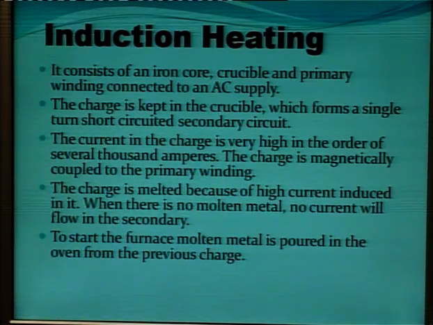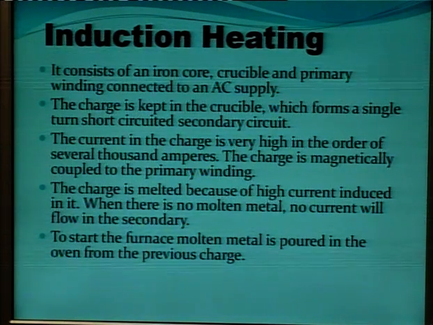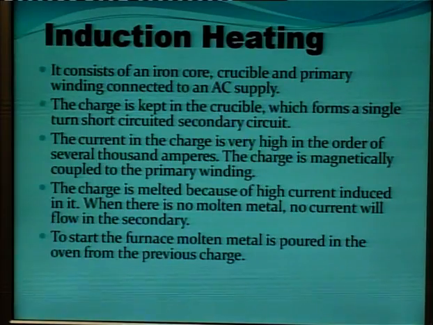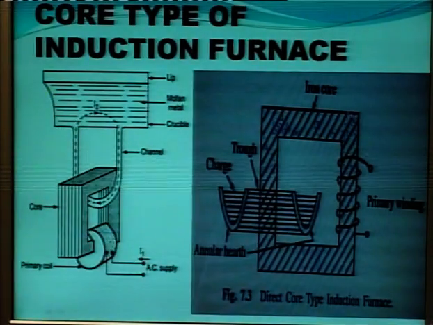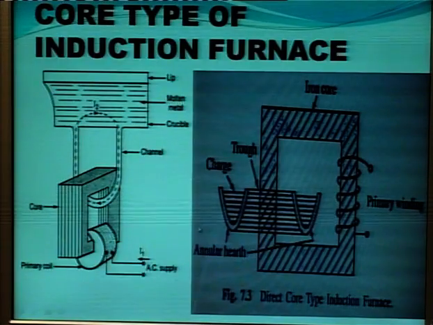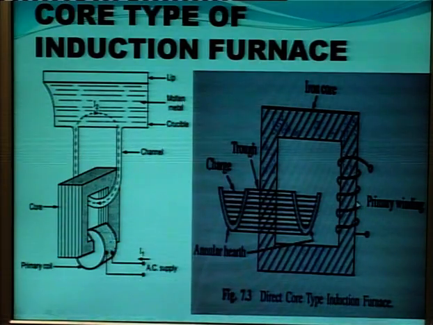It consists of an iron core, crucible and primary winding connected to an AC supply. So I will show you the diagram first. So this is an iron core, this is a crucible, and this is the primary winding. This is the primary winding, this is the secondary winding.